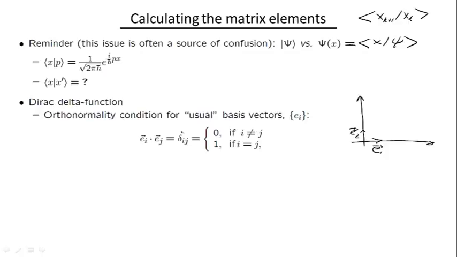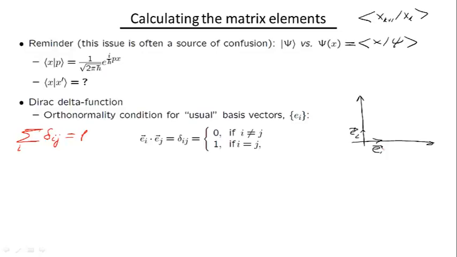The symbol which summarizes this relation is the Kronecker delta symbol, delta ij, which is defined as so. Of course, if we calculate the sum over all i's of delta ij, we are going to have the sum equal to 1, just because all these terms are equal to 0, apart from the one where i is equal to j.